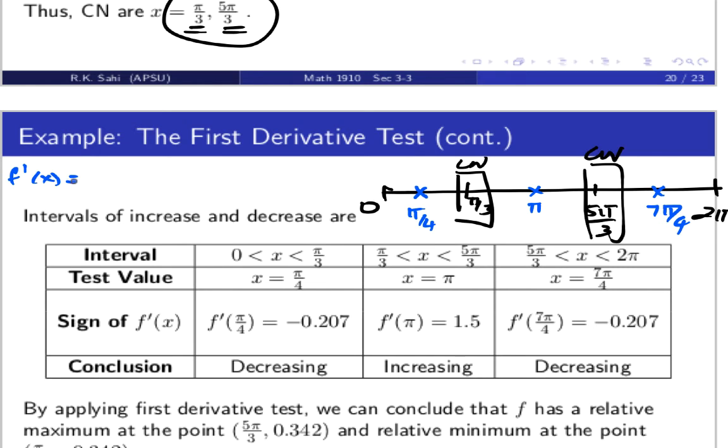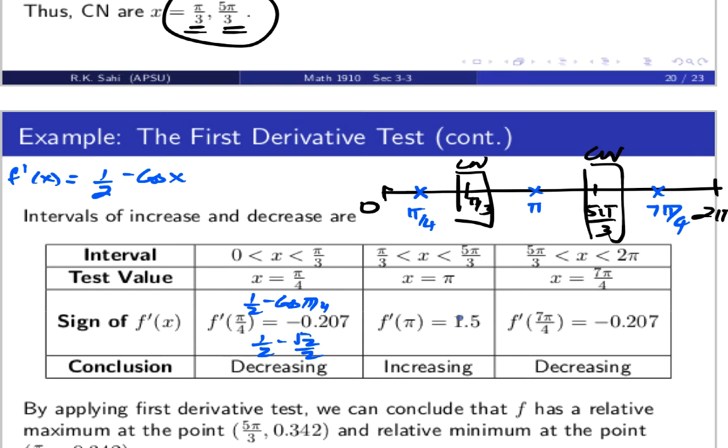F prime of x was half minus cosine x. So f prime of pi fourth is half minus cosine pi fourth, which is basically half minus root 2 over 2. And you do the math, you get negative 0.207.